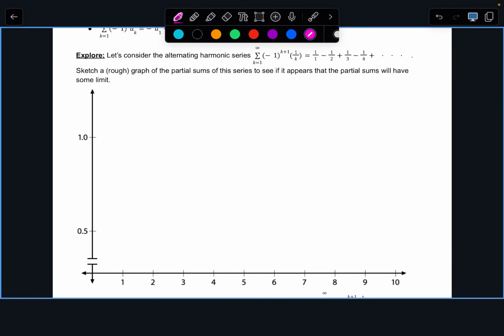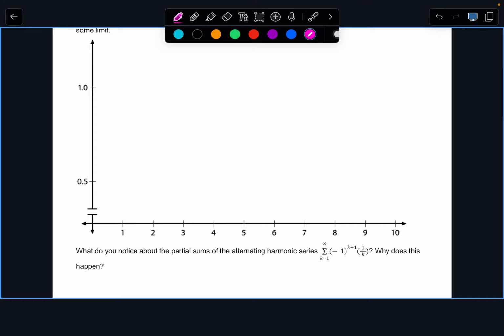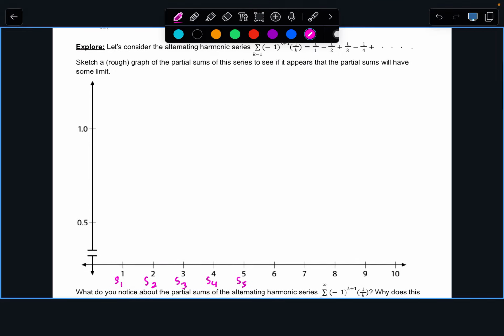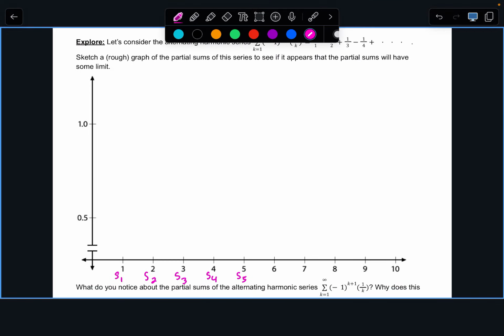So the first sum, S sub 1, I'll write under here because this is supposed to represent sum sub whatever. It's just 1. So our first sum is just one term, which is just 1. Our second sum is 1 minus a half, which is equal to a half.